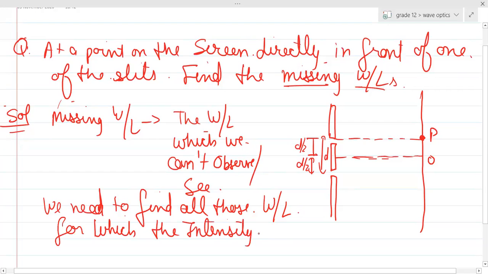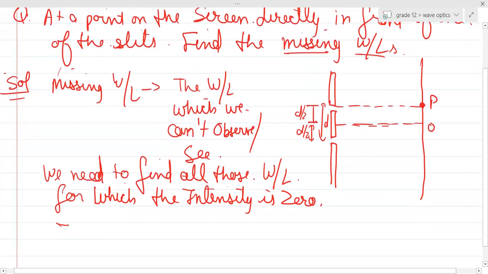Are you getting my point? If the intensity is 0, will you be able to see that particular fringe over there? That implies at point P, destructive interference should happen.